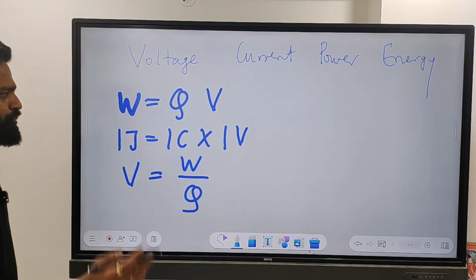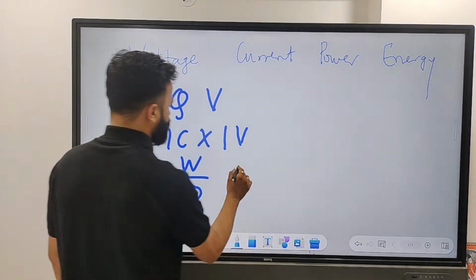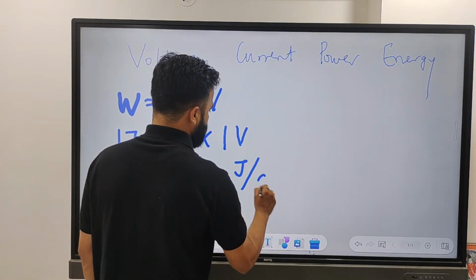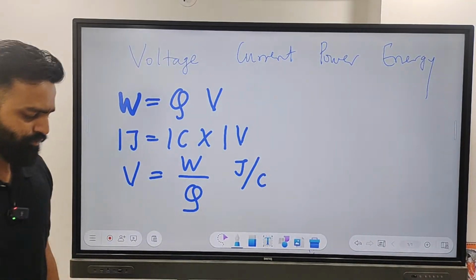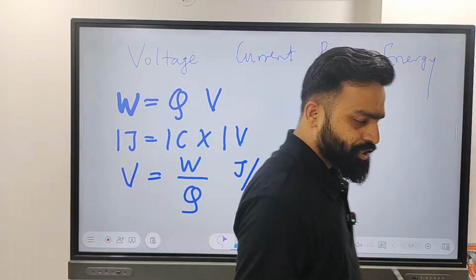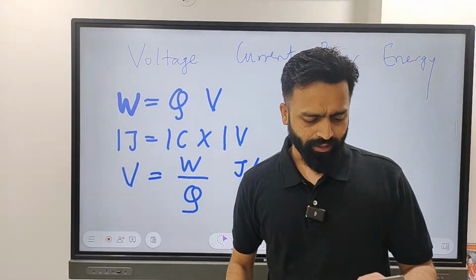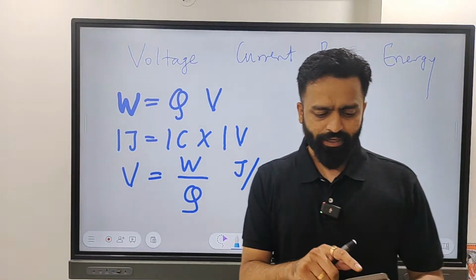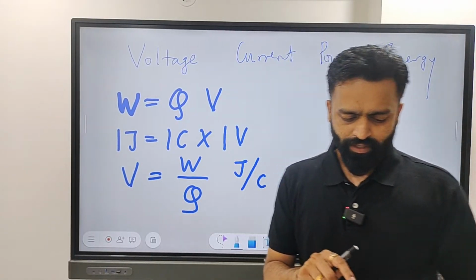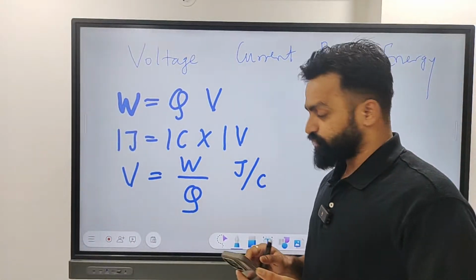So the actual unit of electrical voltage is joule per coulomb. On this basis we can define electrical potential, or voltage, in the simplest possible way as work done.